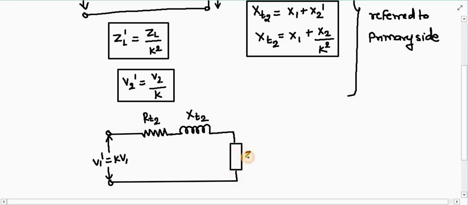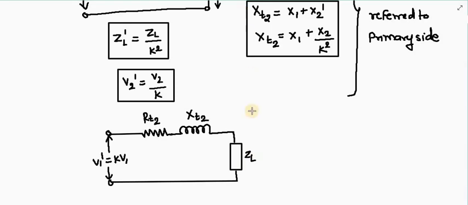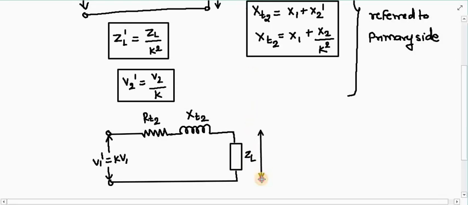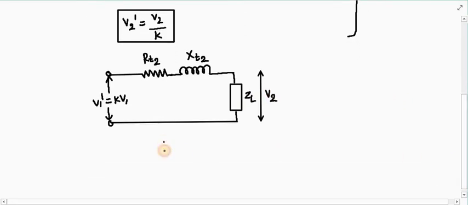And my load ZL will be as it is, because I am not going to transfer that ZL to the primary side now. And my V2 is as it is. What is your RT2?